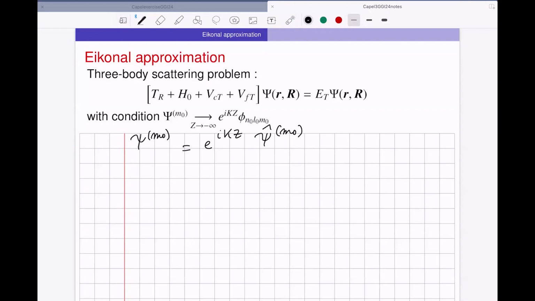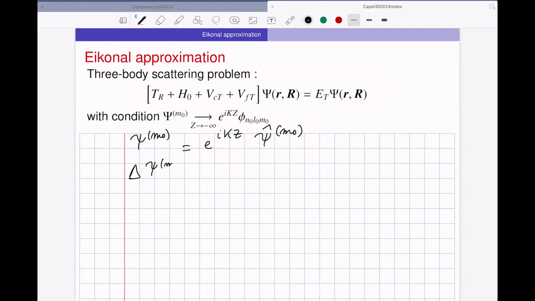Here there is no approximation so far. We put that factorization in the equation, and as you can see, this term is only affected significantly by the kinetic term. So let's look at what happens because of the kinetic term on that wave function.